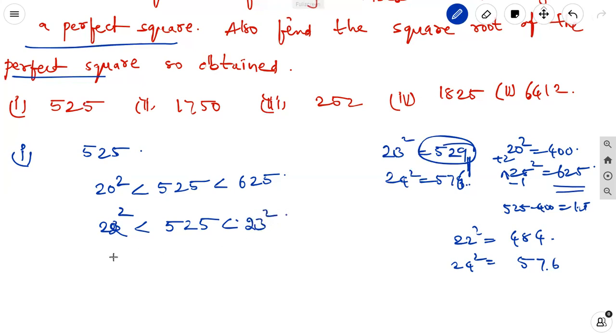Why? Because here 22 square is 484. So 484 is less than 525, which is less than 529. Which is nearer? 529 is nearer.